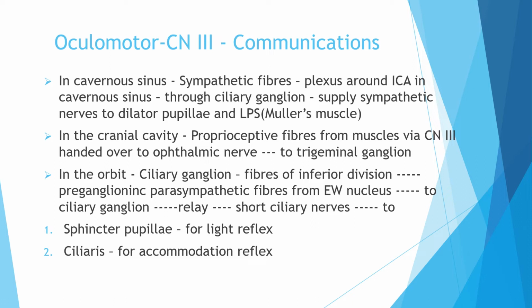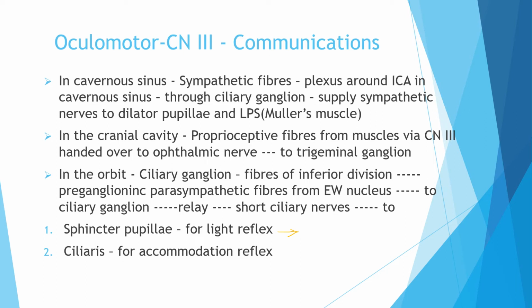In the orbit, it communicates with the ciliary ganglion through the nerve to inferior oblique, which gives preganglionic parasympathetic fibers which are coming from the Edinger-Westphal nucleus. They relay on the ciliary ganglion, and through the short ciliary nerves they supply the sphincter pupillae. Now these fibers are for the light reflex. If you see a doctor examining a patient's eye, he will throw light with a torch into the eye of the patient.